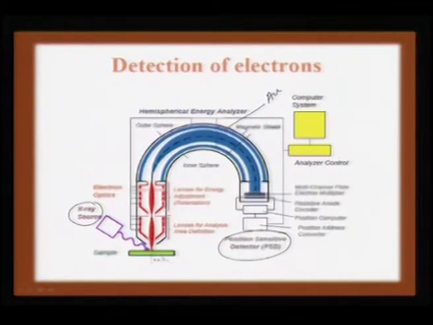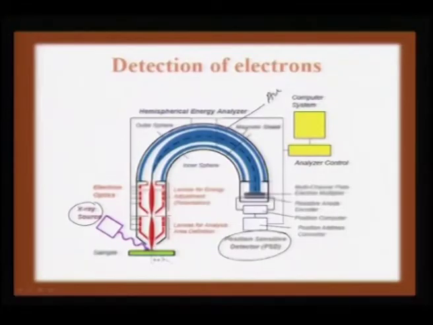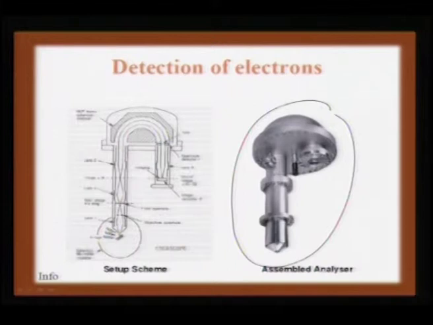Therefore, the Fermi level of both the sample and the analyzer has to be the same, and as a result we need to include the work function of the gold electrode also, and this is a typical picture of an assembled analyzer that we are talking about.